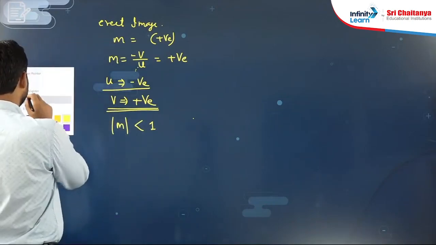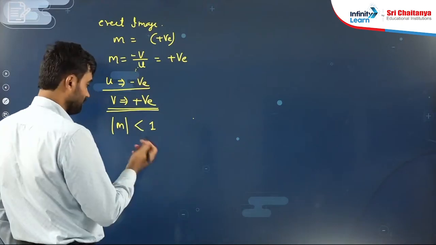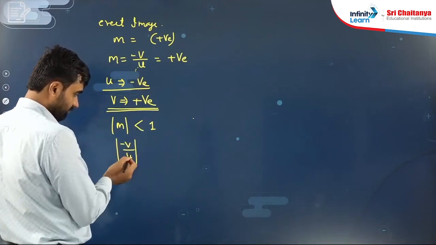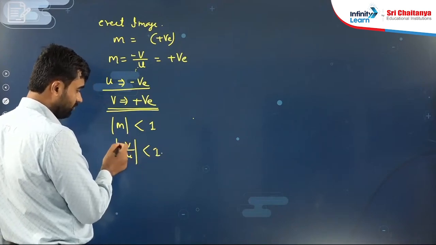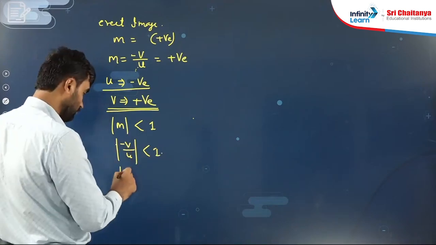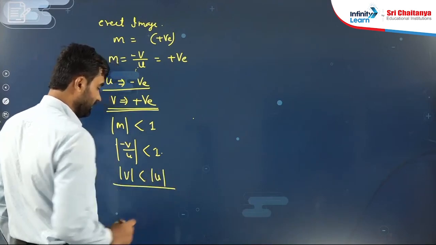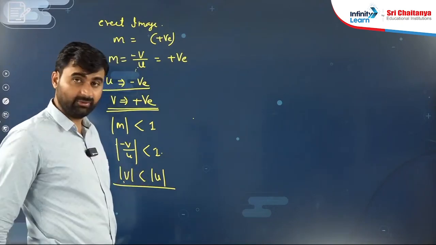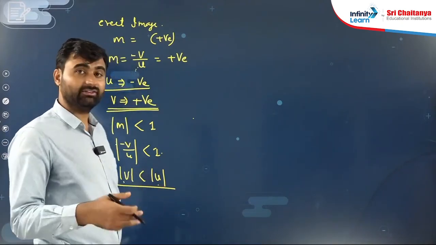Now, mod m is less than 1, and we know m is minus v by u. So this negative also becomes positive because it is mod. So mod v is less than mod u, meaning image distance is less, object distance is more.